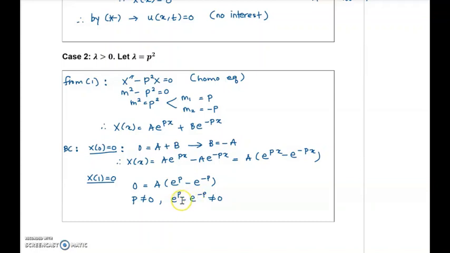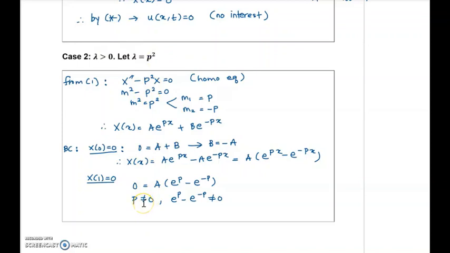If P is not 0, you'll never get exponent of P minus exponent of negative P equal to 0. You can try plotting the graph of exponent of x minus exponent of negative x. You never reach 0. The only point that makes it 0 is when P equals 0. But here we state that P cannot be 0 because of the justification above.